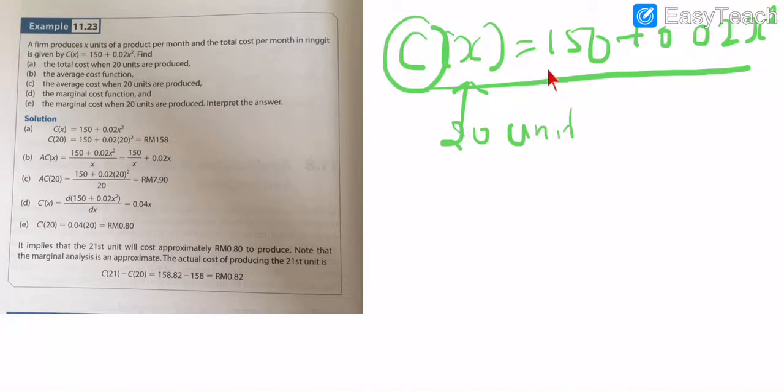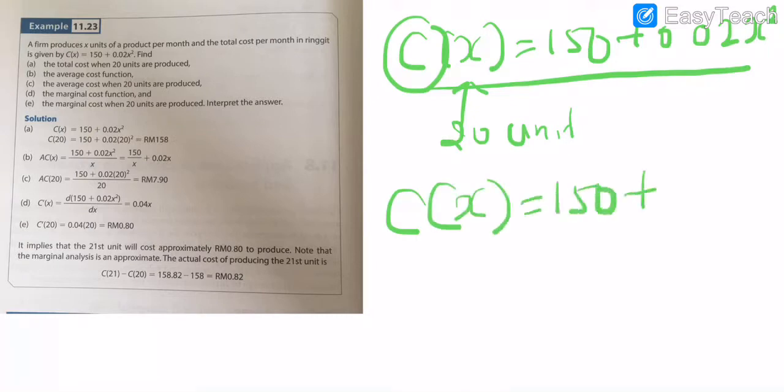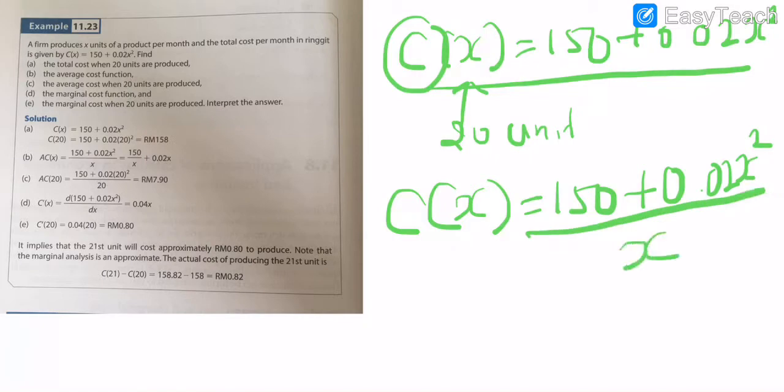So here, the average cost function is C(x) equal to 150 plus 0.02x power of 2, divided by x. Okay, so this is the average cost function.